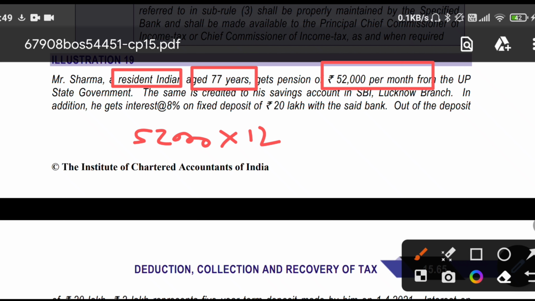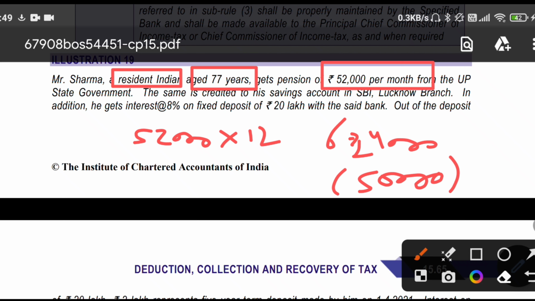So 52,000 into 12, 6,24,000. But there is a standard deduction of 50,000 that he will get in case of salary. So 5,74,000 is the income from salary.